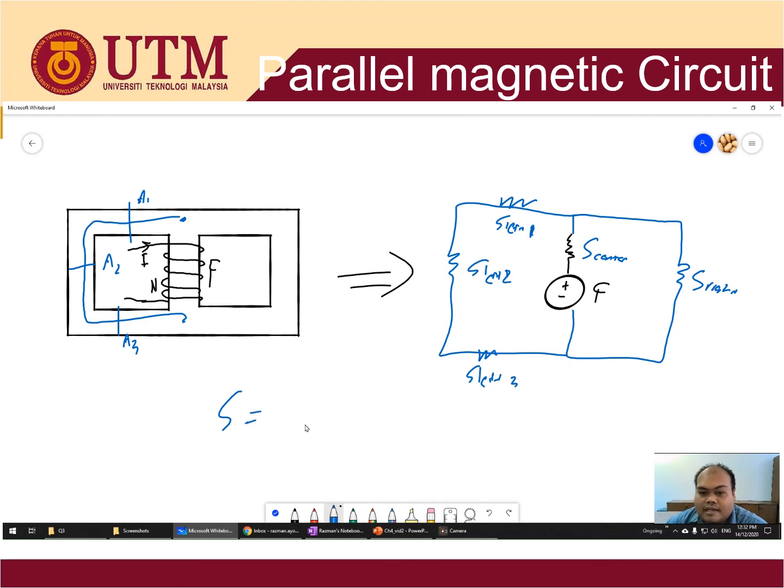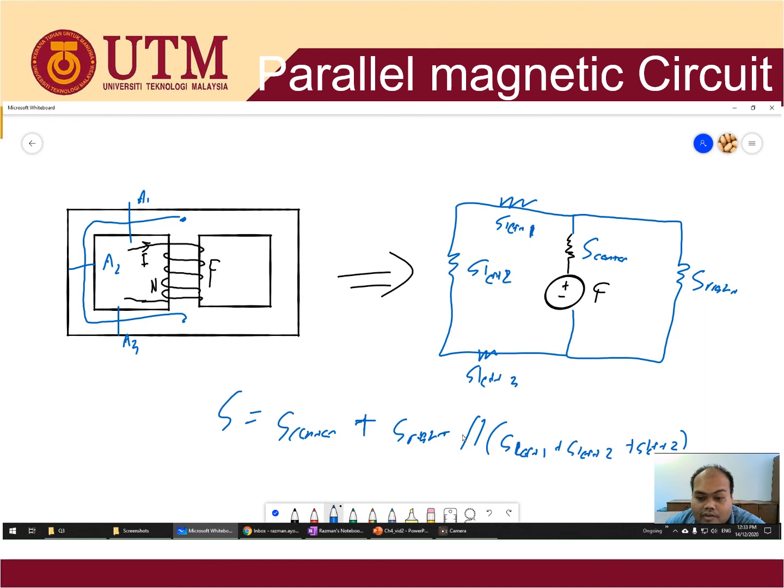For this case, it is S center plus S right in parallel with S left 1, S left 2, and S left 3.